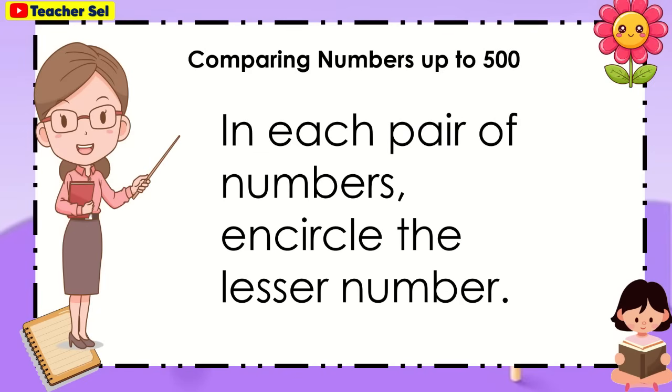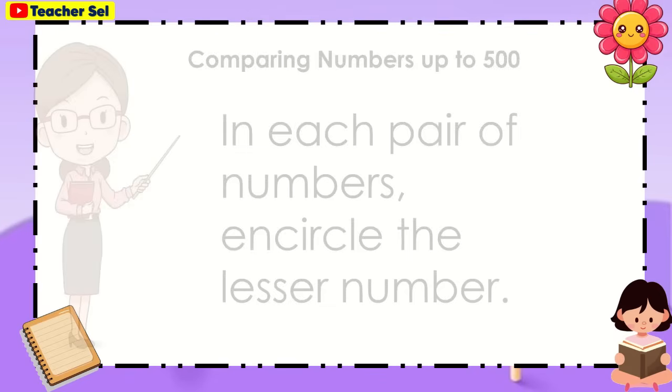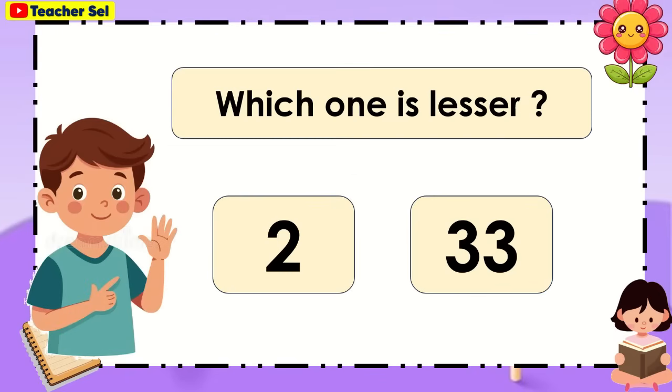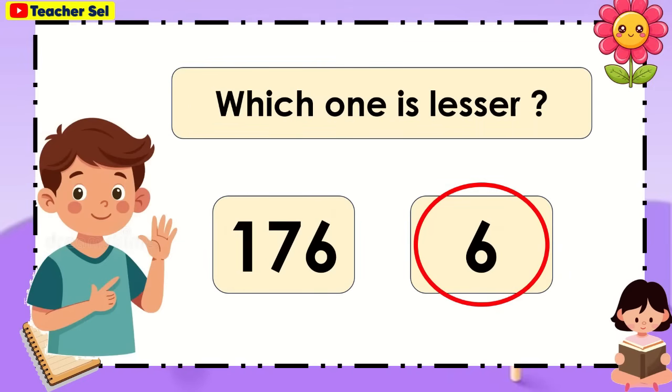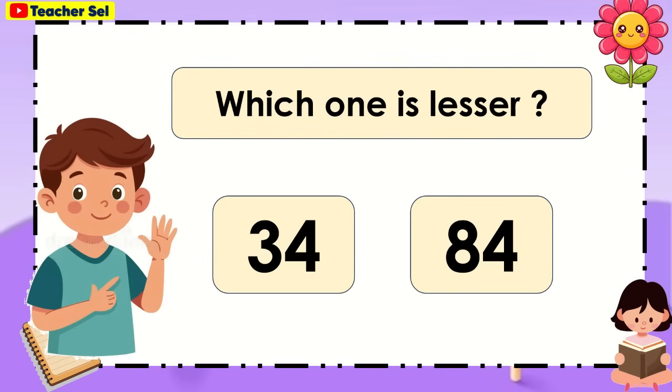In each pair of numbers, encircle the lesser number. Which one is lesser, 2 or 33? It is 2. 176 and 6. The answer is 6. 34 and 84.